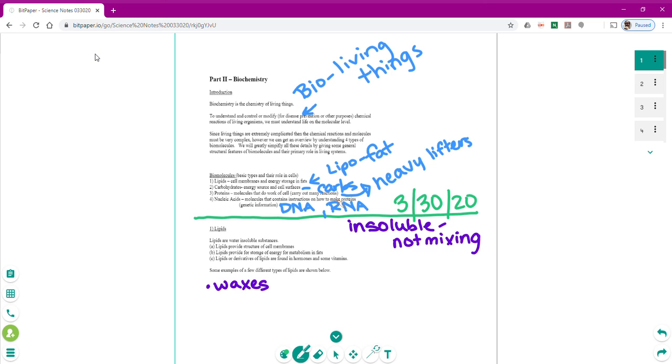Also, lanolin. I don't know if you guys have heard this word. Lanolin. That is actually a naturally occurring wax that will coat sheep's wool. These are just naturally occurring oily substances, waxes, that have very important biological processes that they support.